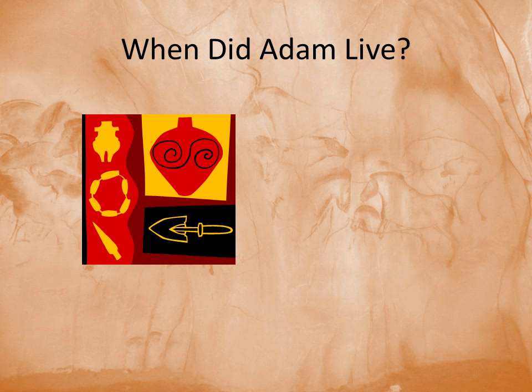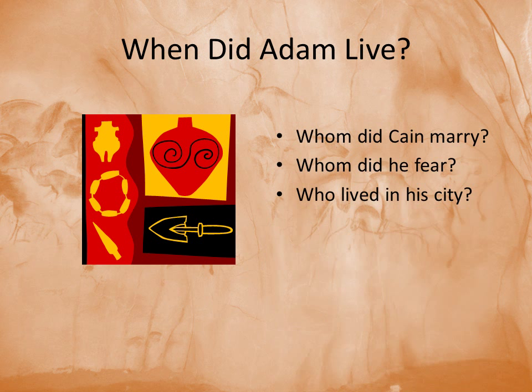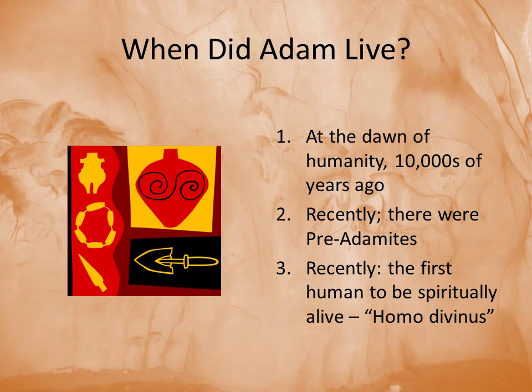With Genesis 4, the question often comes up, whom Cain married, of whom he was afraid, and for whom he built a city. Some have thought that this points to the existence of pre-Adamites, humans who lived before Adam. I think that we have roughly three options.